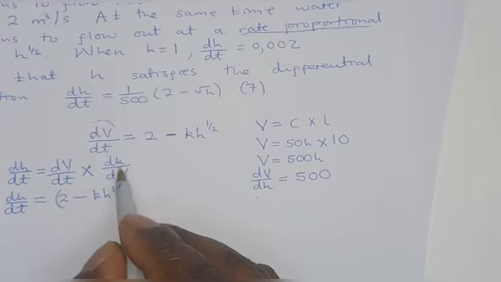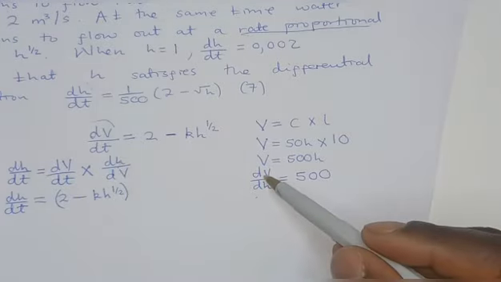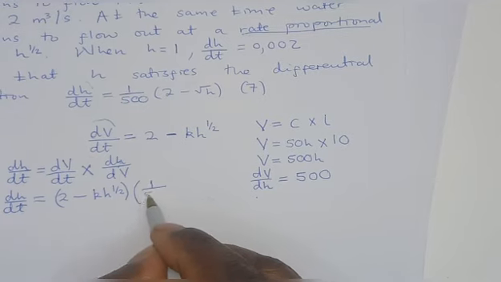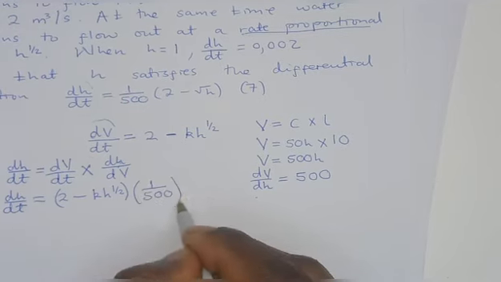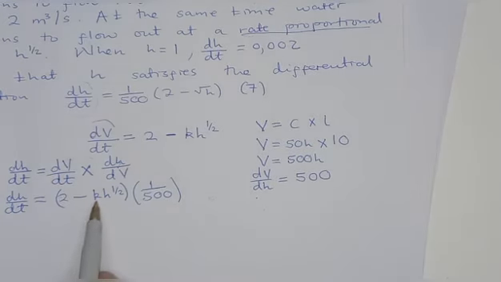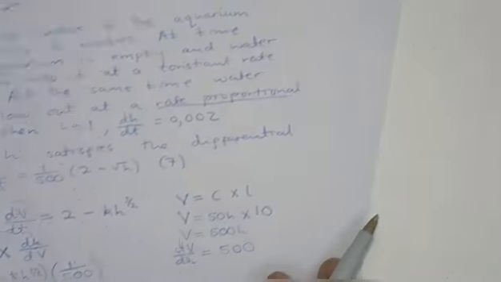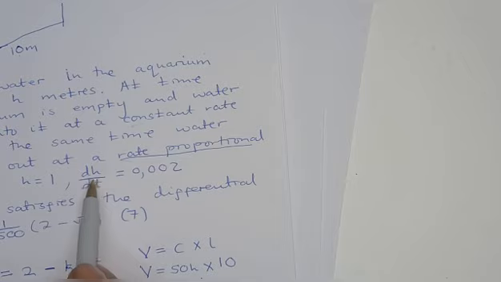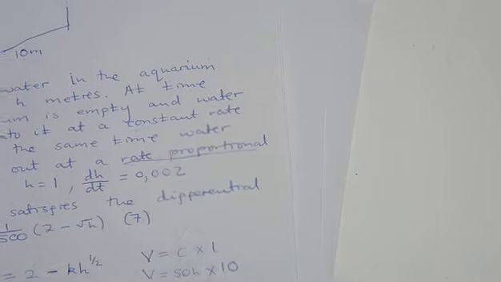Ari kutimes dh/dV, inova reciprocal ya dV/dh. Saka tingati ari kutimes 1 over 500. Handiti mukubata munyato wachona. Saka kuti uyu k uyu ari pano manje abude manje. Ndopane this condition yatapiwa kuti when h is 1, dh over dt is equal to 0.002.